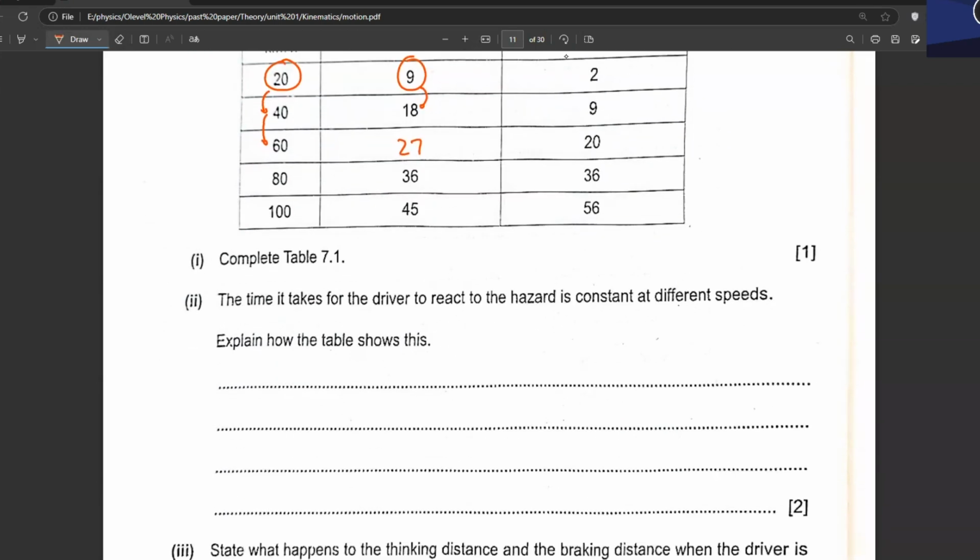The time it takes for the driver to react to the hazard is constant at different speeds. Explain how the table shows this. Because thinking distance is directly proportional to speed. As you can see from the graph, thinking distance is directly proportional to speed.